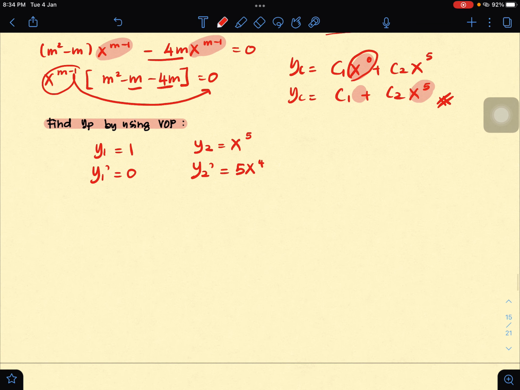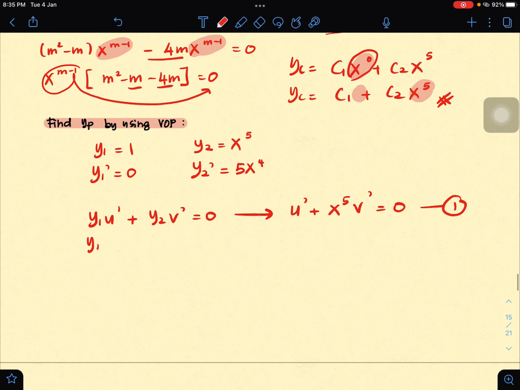And then we need to form the equations, where the first equation will be y1 u prime plus y2 v prime is equal to 0. Your y1 is 1, so 1 multiplied by u prime plus x to the power of 5 v prime is equal to 0. This is your first equation. Your second equation is y1 prime u prime plus y2 prime v prime equal to fx over a.